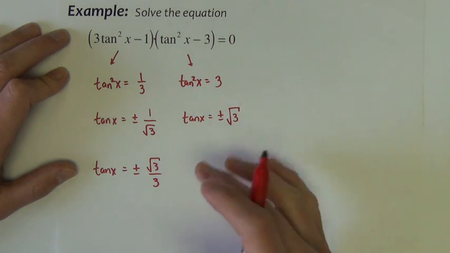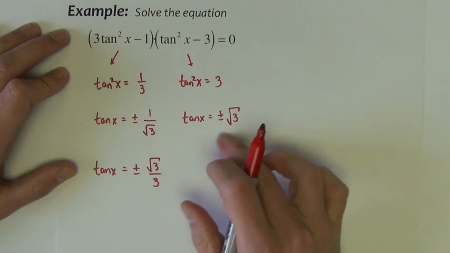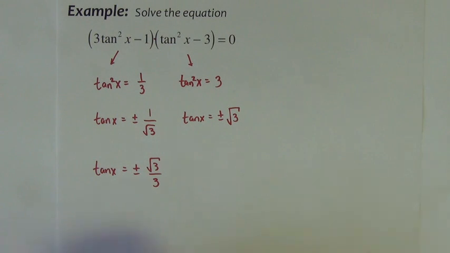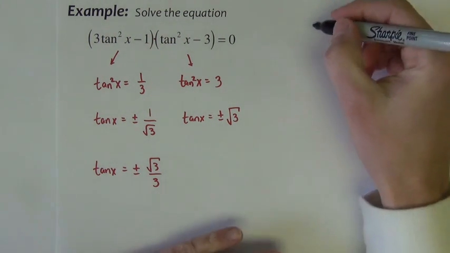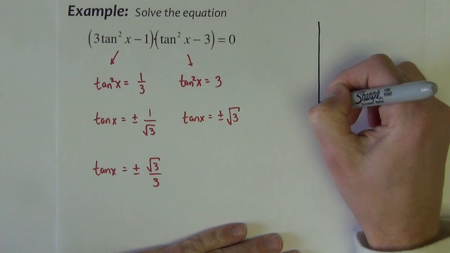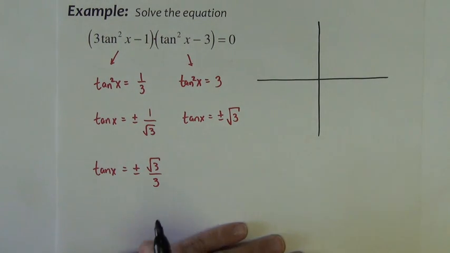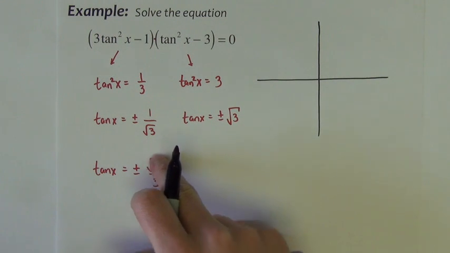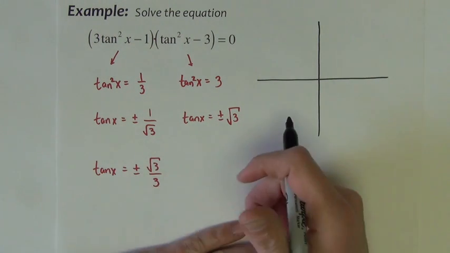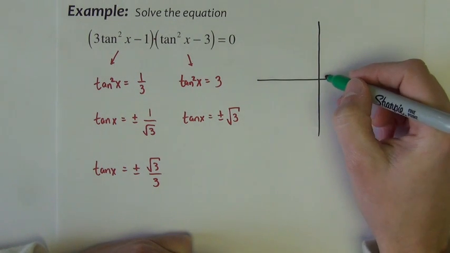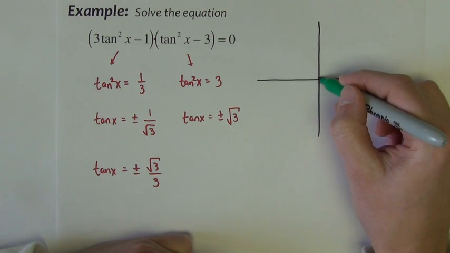I want all the places where tangent has one of these values. Okay, it might help to see the circle. So let's see, the square root of 3 over 3 first. Tangent is equal to square root of 3 over 3 whenever we have a y value of a half and an x value of square root of 3 over 2.